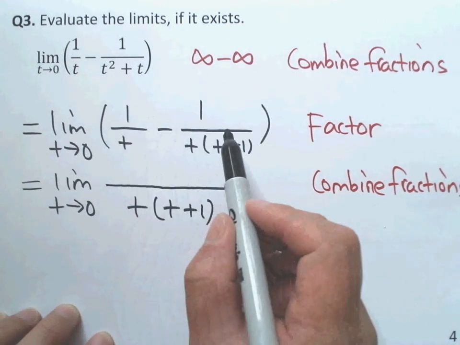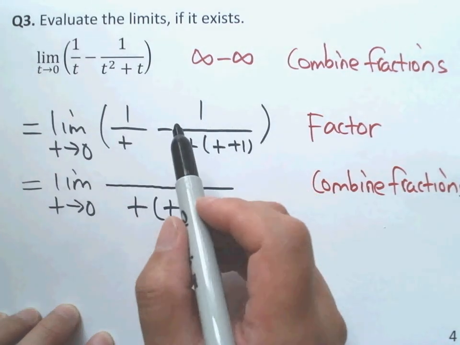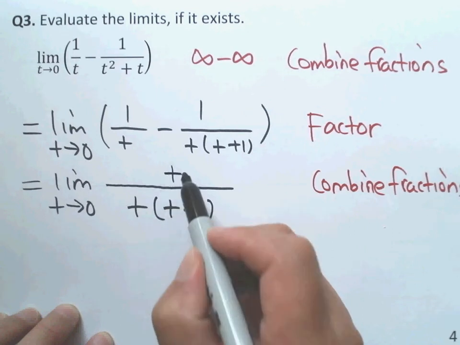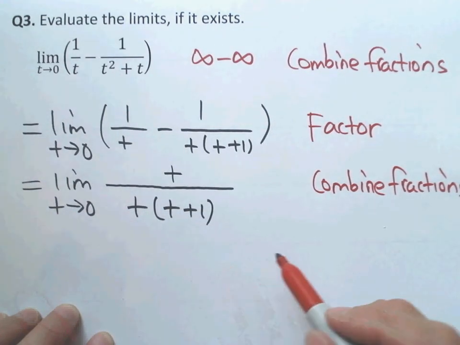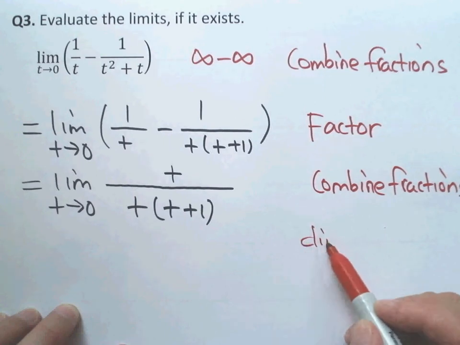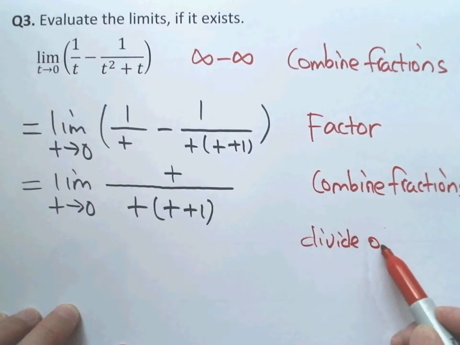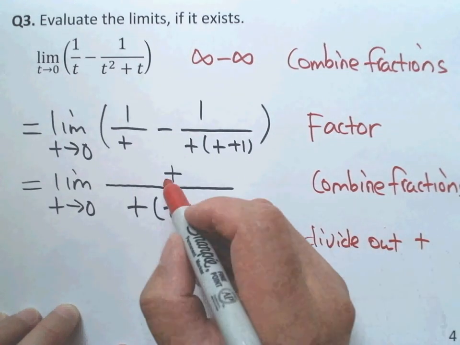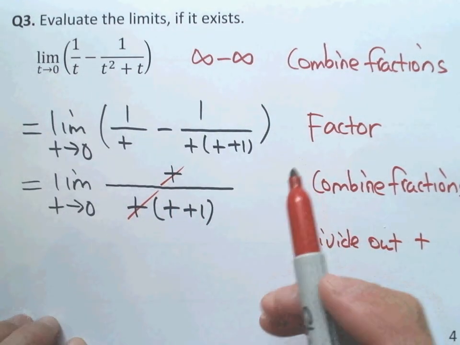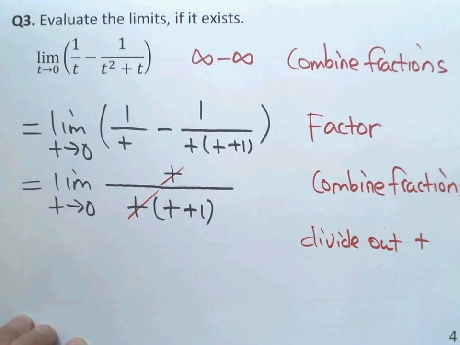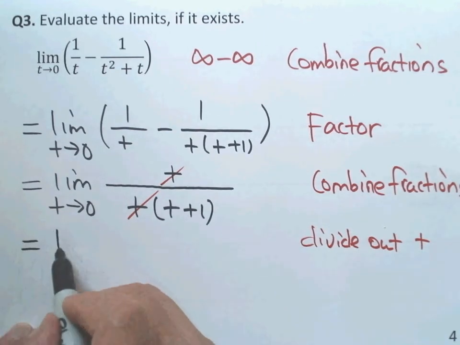So in the numerator we have t plus 1 minus 1. What do we get? You get t only. And then what to do? Divide out the common factor t. t does not equal 0, so you can cancel. So what do we have?